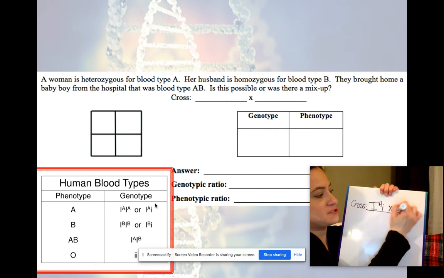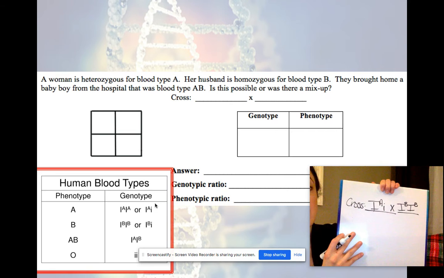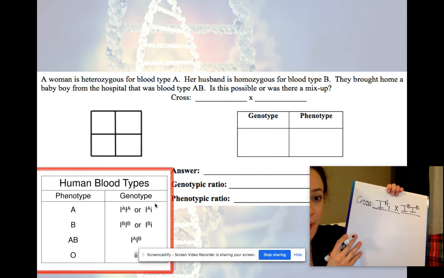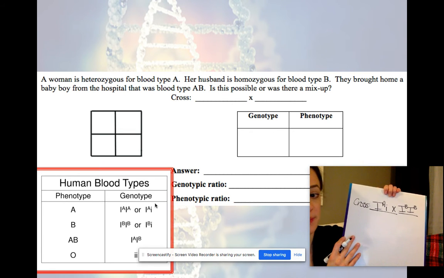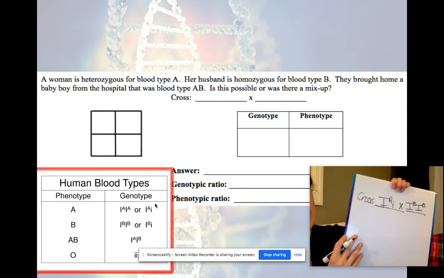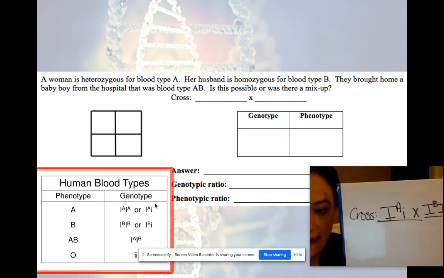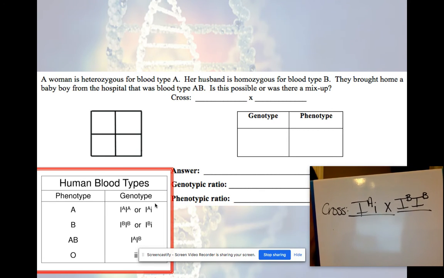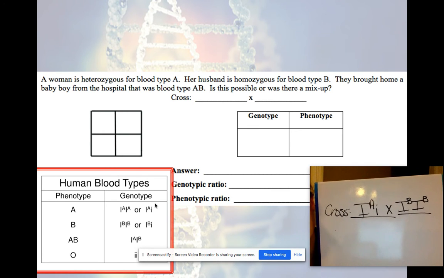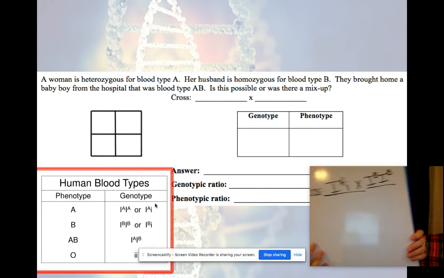So he has two of the same alleles. They brought home a baby boy from the hospital that was blood type AB. Is this possible, or was there a mix-up? So here's the cross that we have, IA lowercase i with IB. So now let's set up the Punnett square.